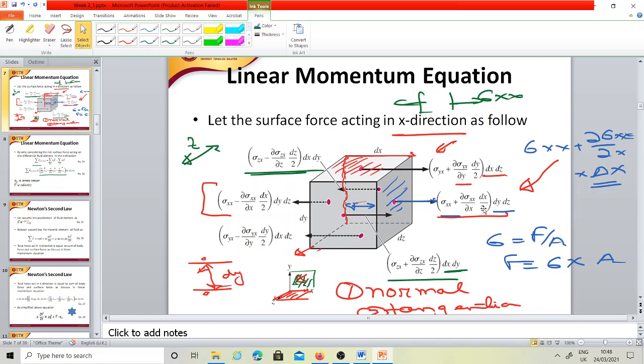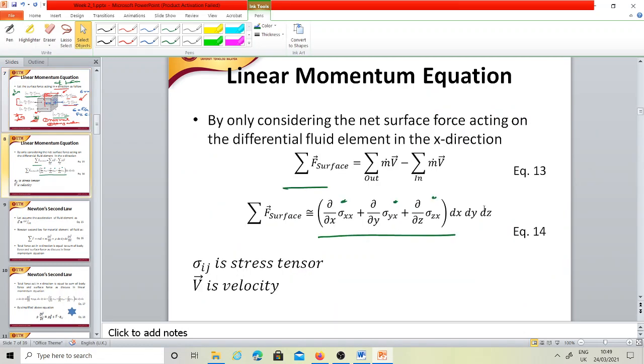In short, we will have del by del x of sigma xx, plus del by del y of sigma yx, plus del by del z of sigma zx. If you write it down from the beginning, we will have this minus this, and you can replicate it.